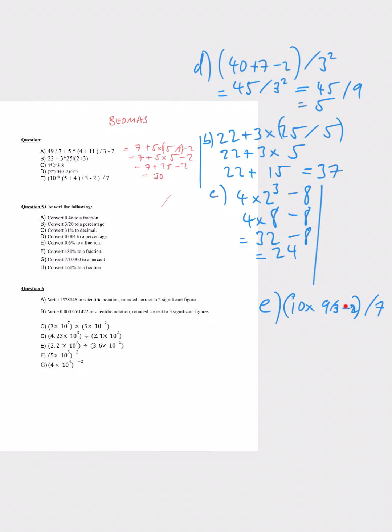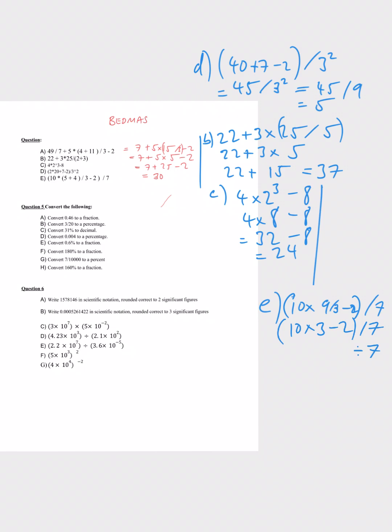And again, a mistake I might see people make is to do the 3 minus 2 first, thinking that this goes on everything, but it doesn't. That's 9 divided by 3 minus 2. Divide comes before minus. So I'll say 9 divided by 3 is 3, minus 2, 10 times, divided by 7. Again, that slash division symbol, you should treat it the same as this one.